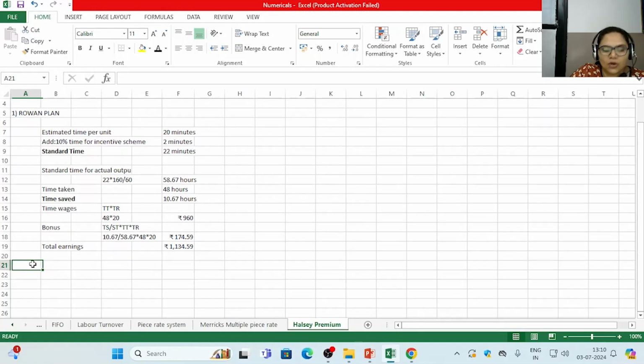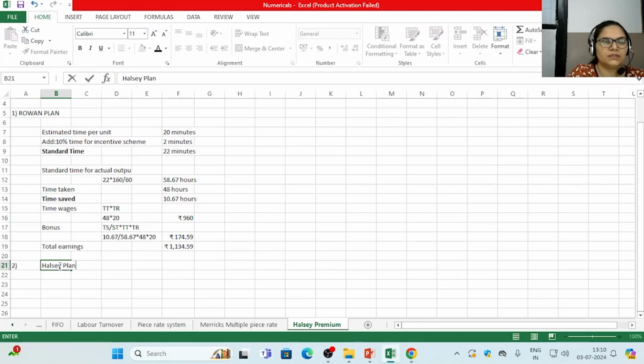Next is your Halsey plan. We have to calculate the earnings of a worker according to Halsey plan. First of all, we will calculate time wages, the minimum wages we need to pay to the worker. It is as simple as that.